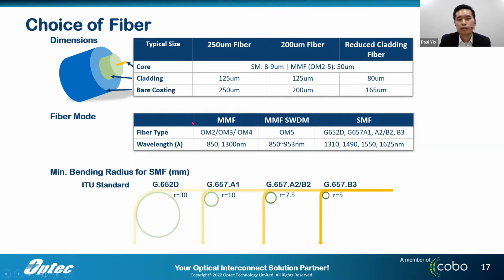Besides single mode fibers, this is also friendly for multi-mode fiber. So if there is a system that uses multi-mode fiber, no matter switch or other application, it can do the same work as well. So we put this bending radius in mind when we design these shuffles.